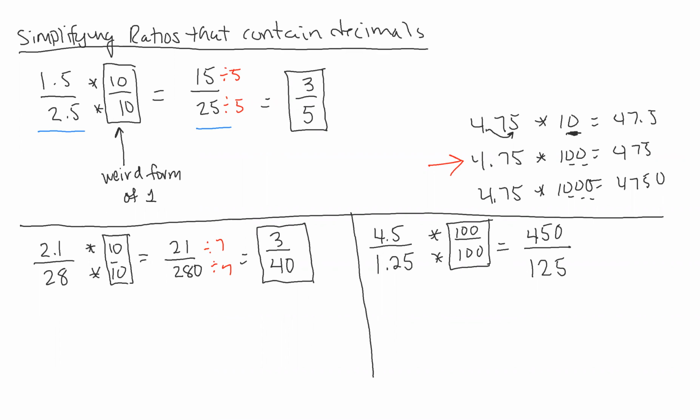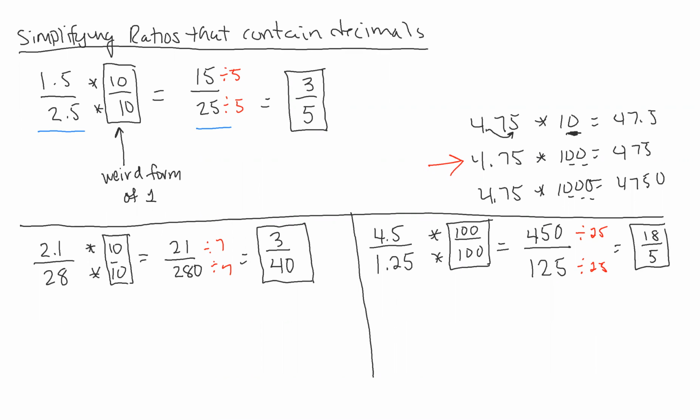All right. Now we can go ahead and simplify here. I know that if I end in 50s and 25s, I'm at least divisible by 25. So 450 divided by 25 is 18. Let me go ahead and show that. 125 divided by 25 is 5. So our final answer here is 18/5.